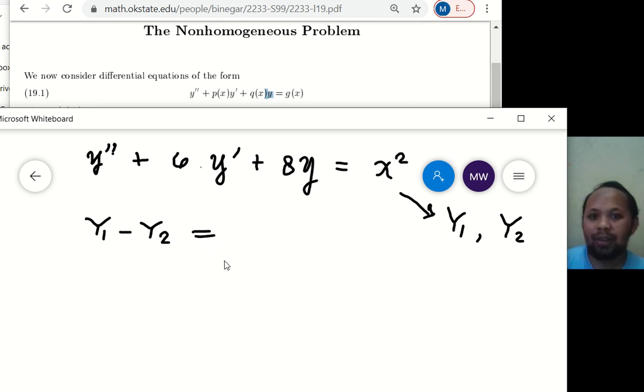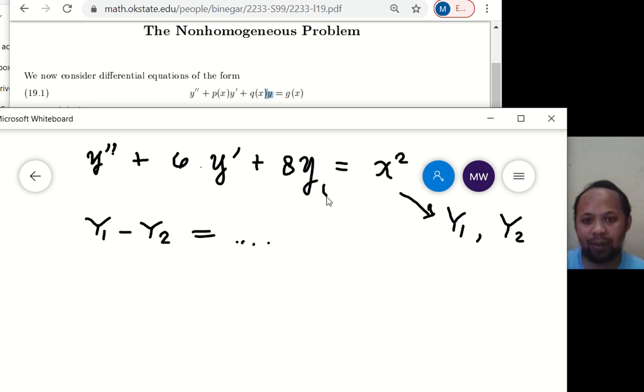If we take the difference between y1 and y2 here, we will obtain some function, and this function is actually a solution for the corresponding homogeneous equation.